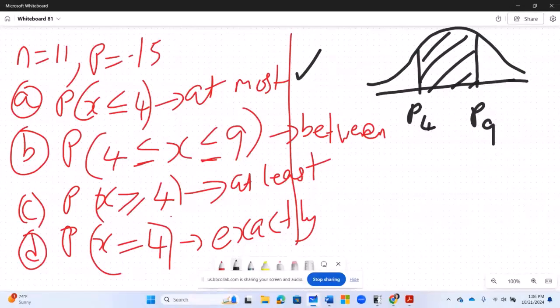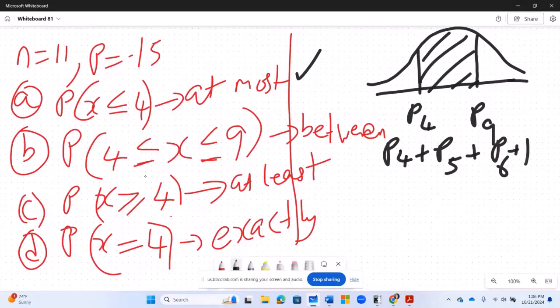In other words, I'm looking for P4 plus P5 plus P6 plus P7 plus P8 plus P9.